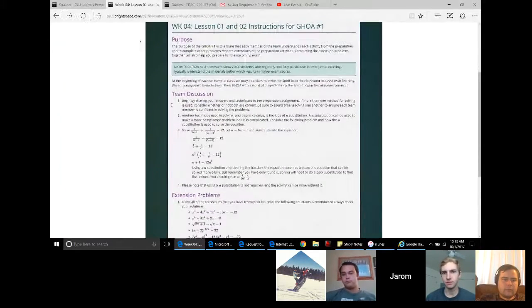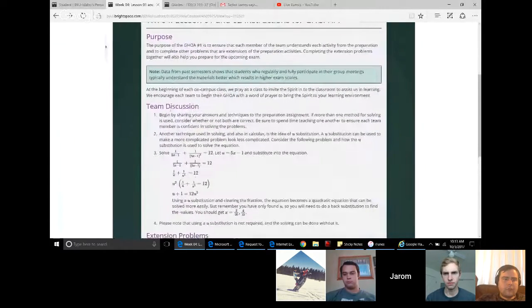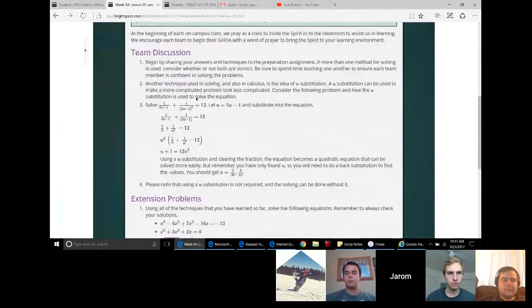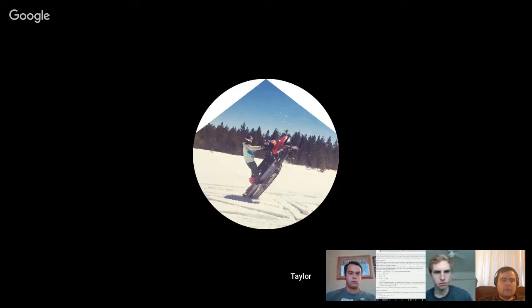All right. So we look at this problem. So I make it easier by substituting in the u for the equation. This doesn't look hard at all. I think it's just a way to make that 5x minus 1 less complicated.